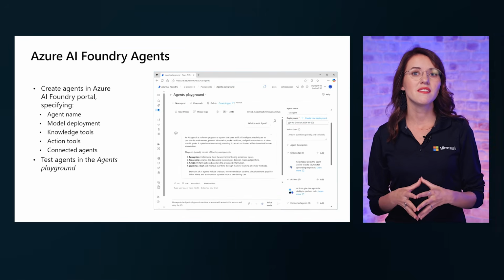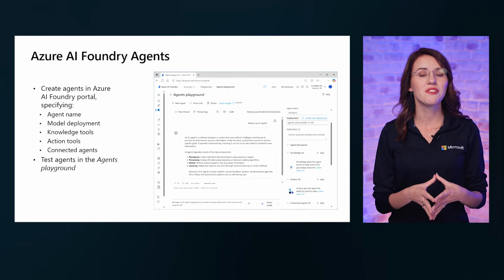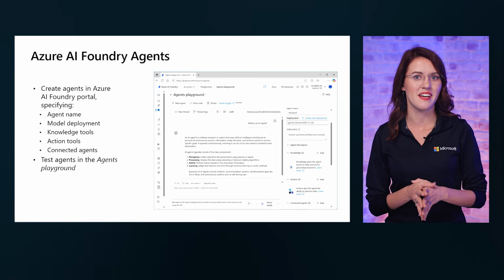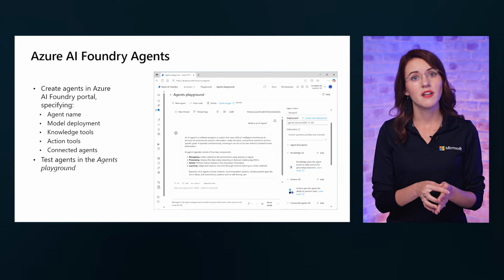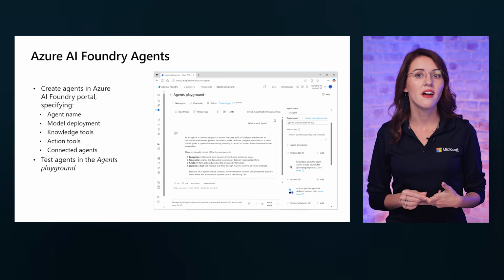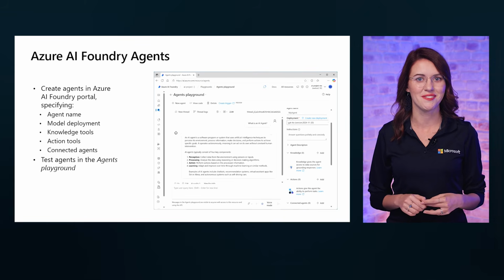Azure AI Foundry also includes the Agent Service, which enables you to create generative AI-powered agents capable of performing complex tasks. When you create an agent, you define its name, specify which generative AI model deployment it should use, and configure the tools it needs to operate effectively.